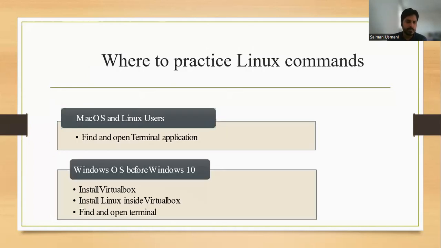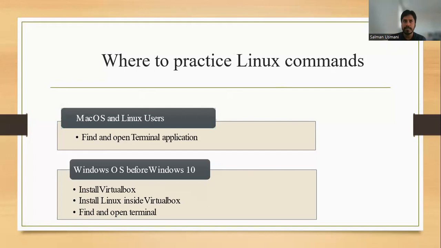And then the next question is the main one: where should we practice the Linux commands? As I said, there are three kinds of operating system users: Mac OS, Windows, and the Linux guy. The beauty of the Mac, and that's my definition, not the book's definition, is that Mac has the assets of Windows as well as the assets of Linux.